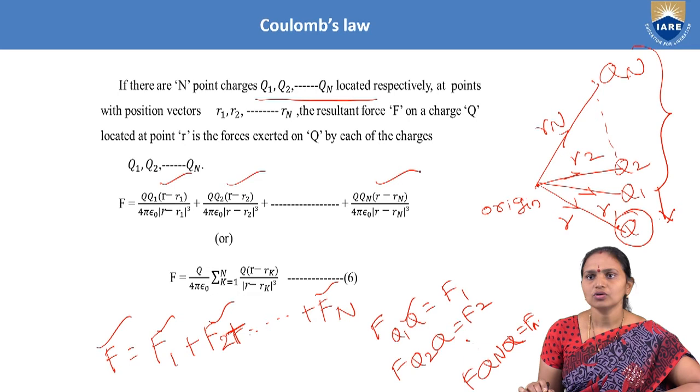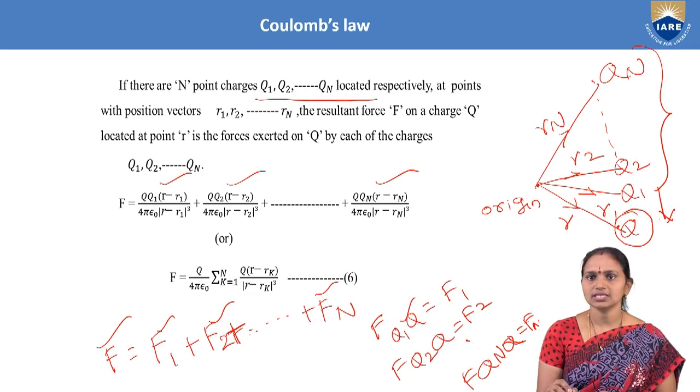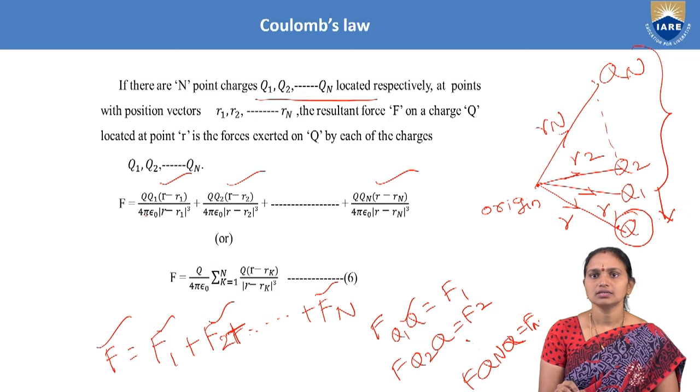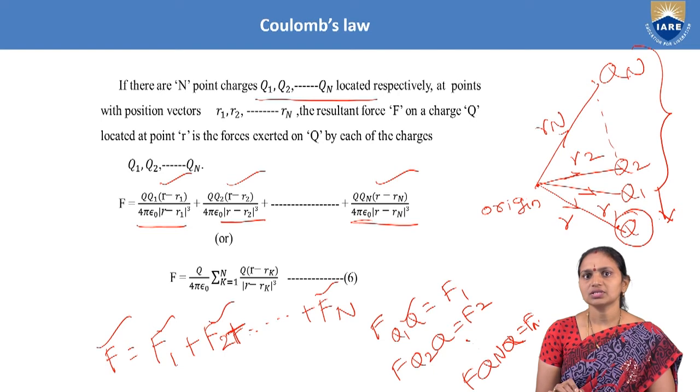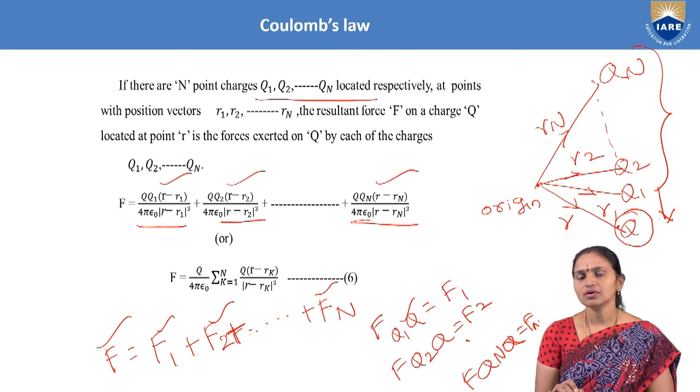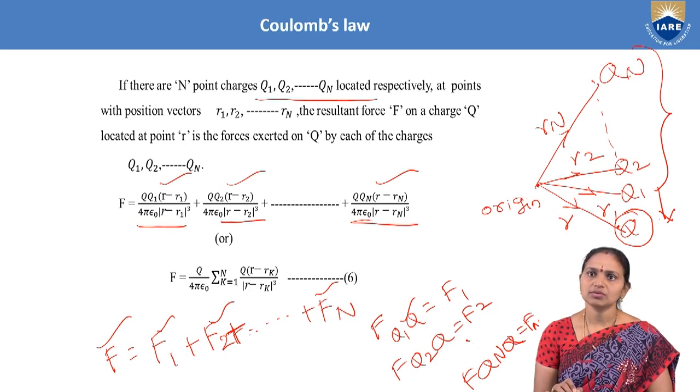Now, taking the help of Coulomb's law in vector form, F1 is the force on Q due to Q1. From the statement of Coulomb's law, the force on Q due to Q1 is equal to the product of the charges Q and Q1 divided by 4 pi epsilon naught, into the displacement vector between charge Q and Q1.